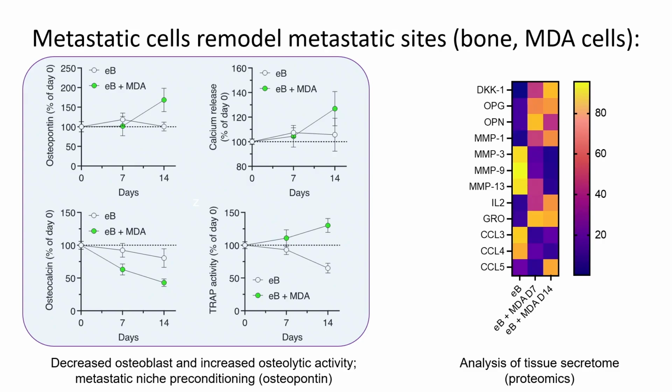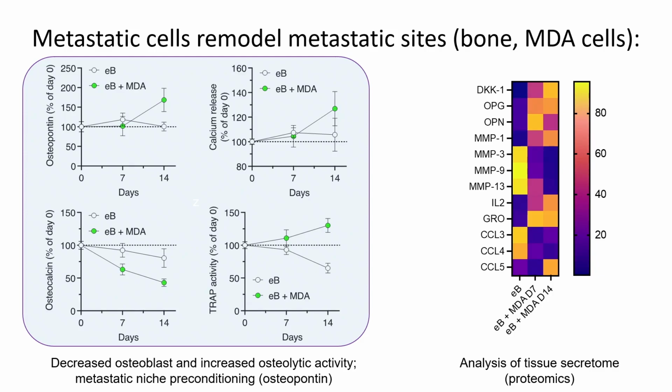And a little bit more granularity, just to show you that actually metastatic sites are being remodeled, and maybe just to pick a couple examples, as a result of MDA cell invasion, the presence of osteopontin increases, which has been associated with pre-metastatic conditioning.